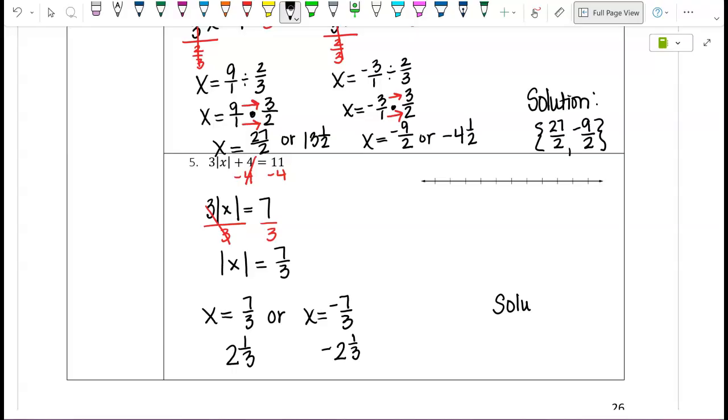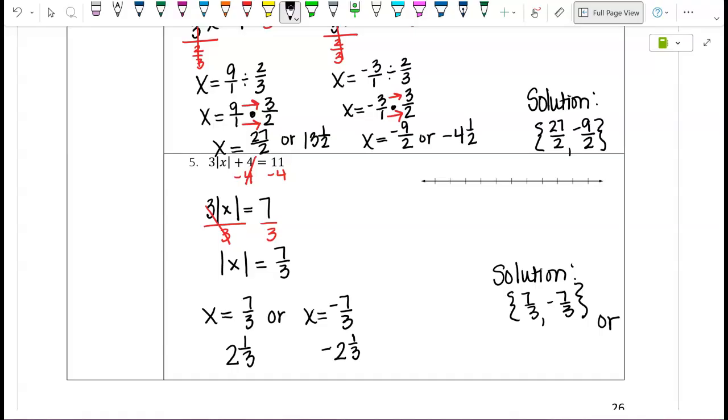So our solution, 7/3, comma, negative 7/3.